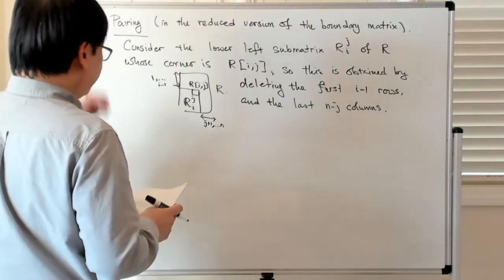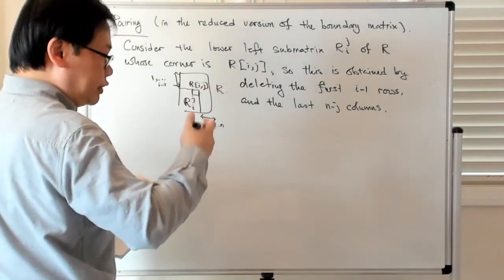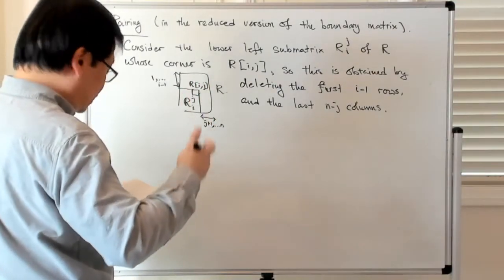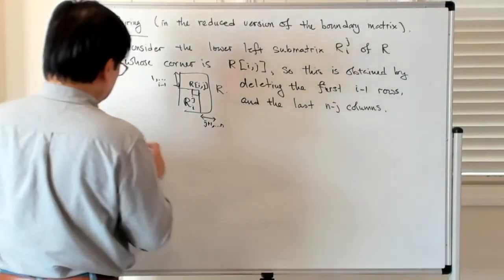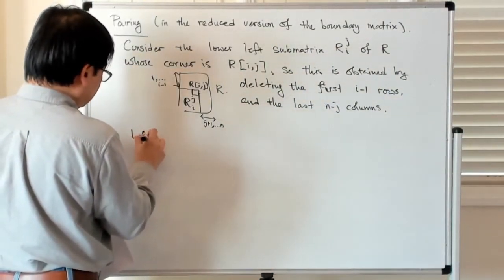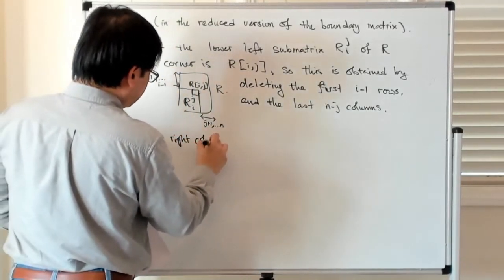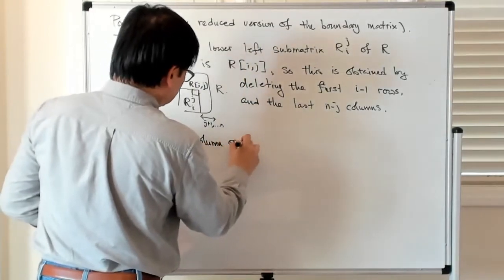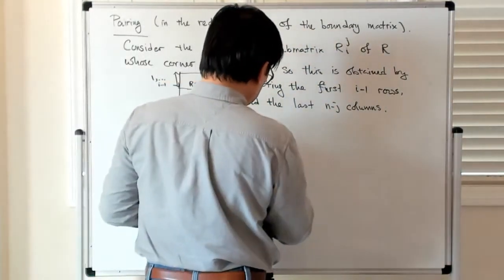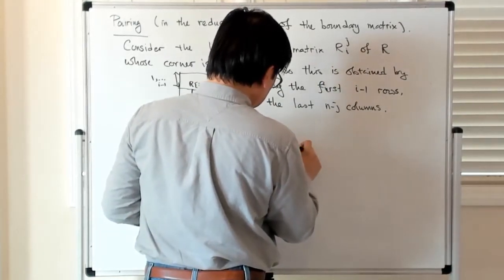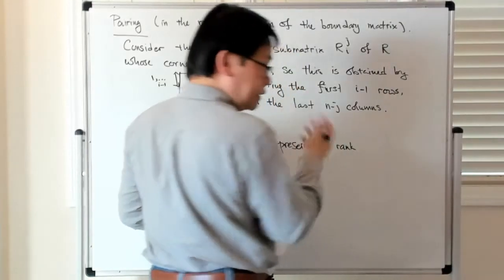And one other observation is that we're doing these operations where we add columns from the left to the right. Left to right column operations preserve the rank of each of these submatrices.